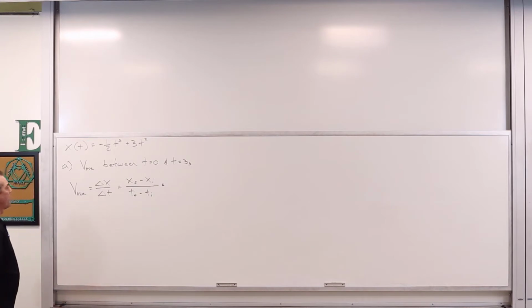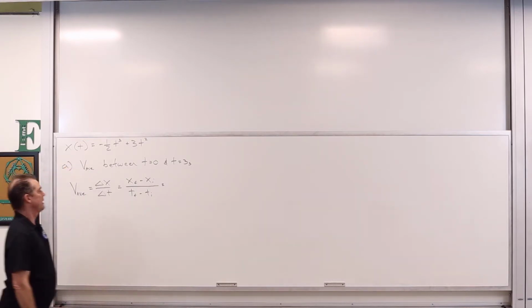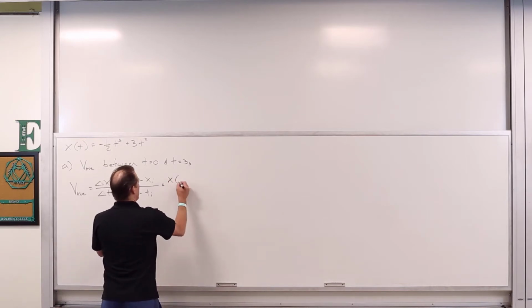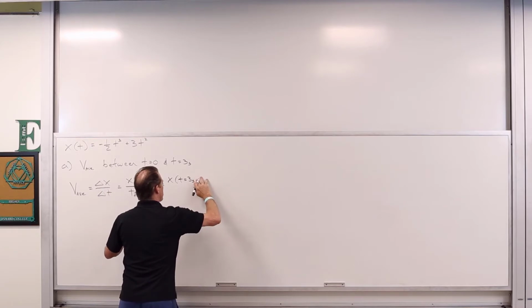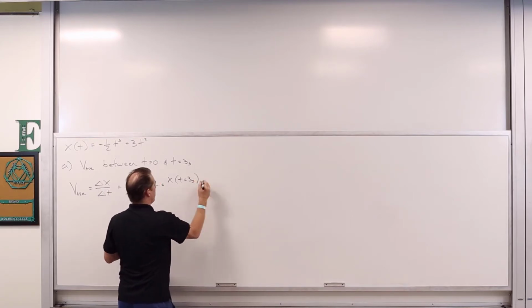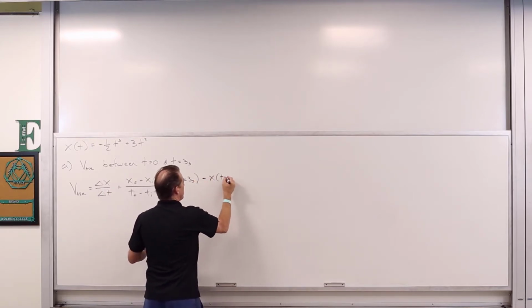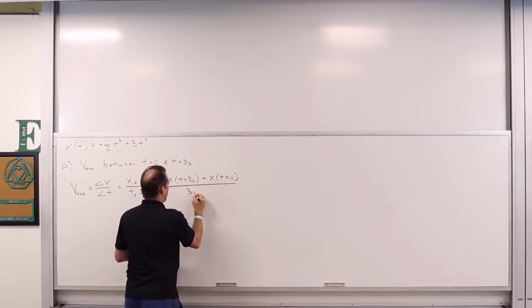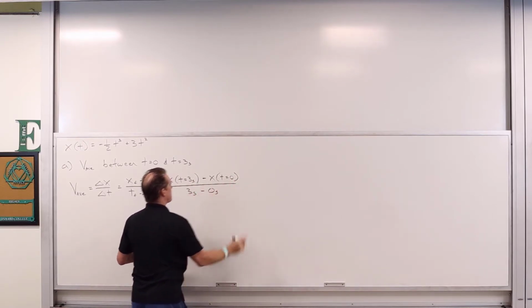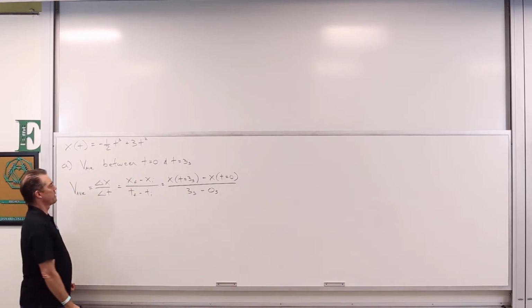Then we need our x final and our x initial. x final is going to be x of t evaluated at t equals 3 seconds, minus x of t at t equals 0, divided by 3 seconds minus 0 seconds. So this is what that spells out into.